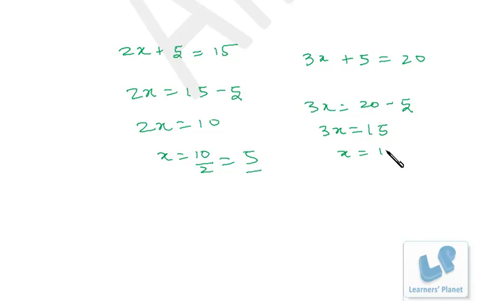That means x is equal to 15 by 3, that is 5. Okay, step by step. Plus 5 will go this side, so it will be minus 5. So 3x is equal to 20 minus 5, that is 15. 3 is in the numerator over here, so it will go into the denominator this side. So 15 by 3, it is 5, right?